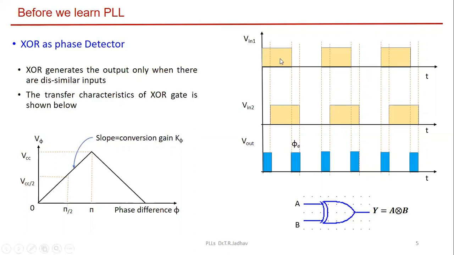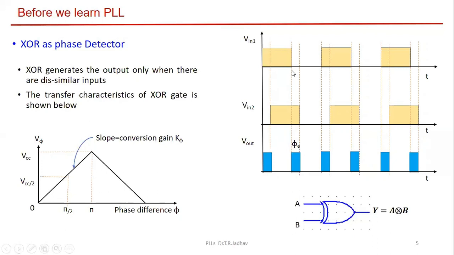That means for on time, if you have off time here, and for off time of input 1, if you have on time of input 2 here, you can say that they are 180-degree phase shift. That means the phase difference will be pi. So in that case, you will have the maximum output generated. So that's why, as you see here, for pi phase difference, it will be maximum.